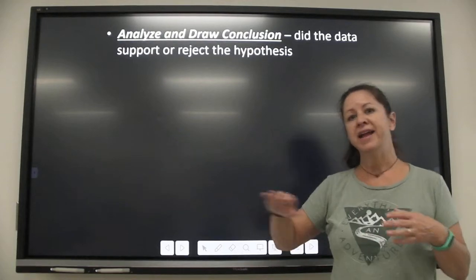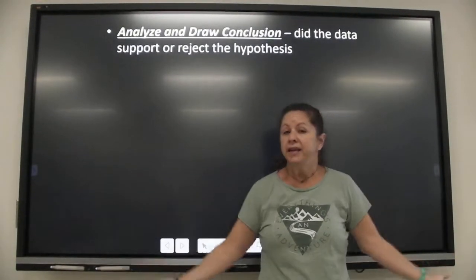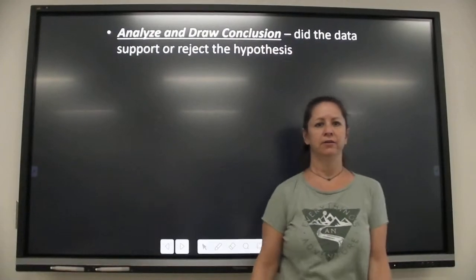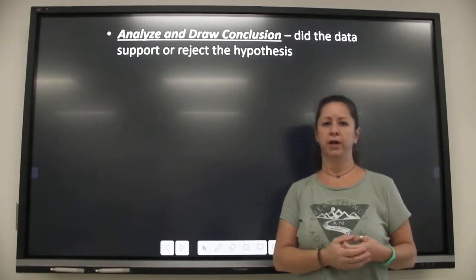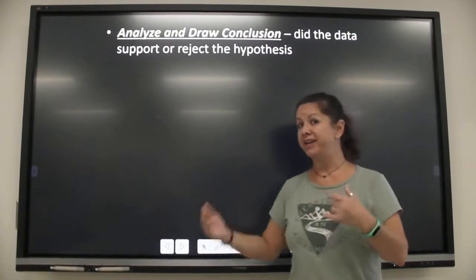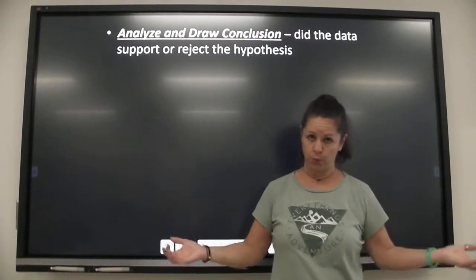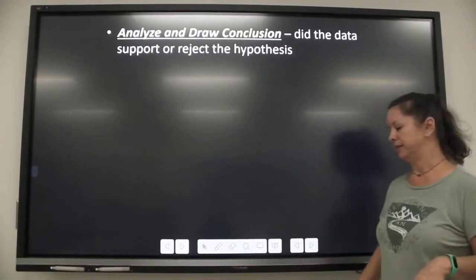If your grades stayed exactly the same, well, they didn't get better, so your data rejected your hypothesis. That data is going to give you information about whether or not your educated guess, your hypothesis, was on the right track and was supported, or whether you were on the wrong track and it was rejected.